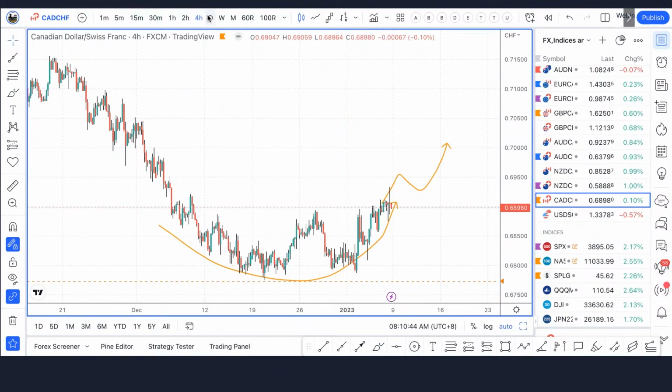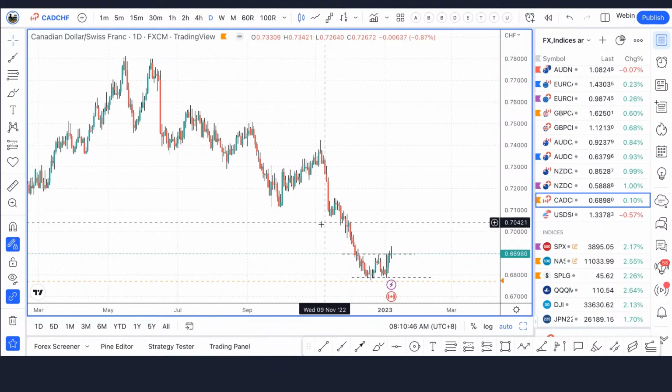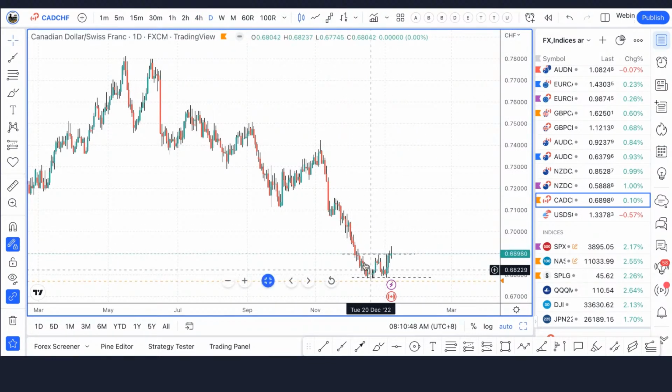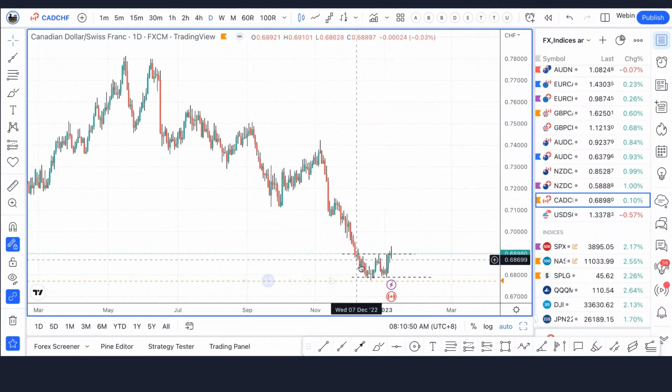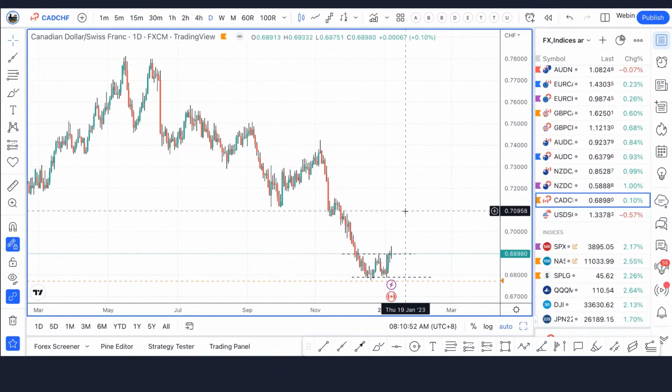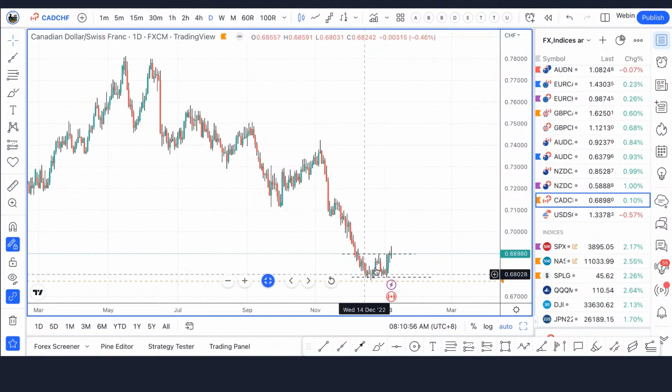So this is a pair you can monitor as well, for it to turn on a higher time frame, and then follow the trend on the lower time frame. If you are into pattern trading, this is actually a double bottom forming. So that is that.